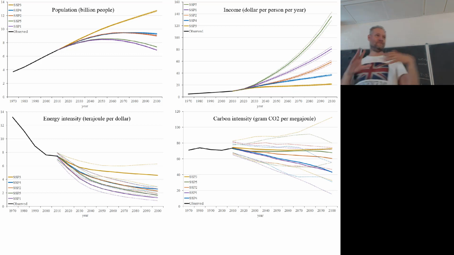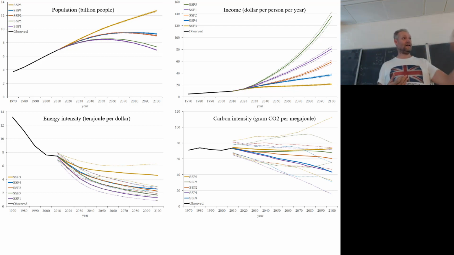And that is a scenario that is baked in there that is not entirely in line with what we have observed, right? I mean, for the last 45 years, this trend has been flat, but the projections are by and large that it will go negative. That is, carbon intensity will fall, that is, we will emit less CO2 per joule used.